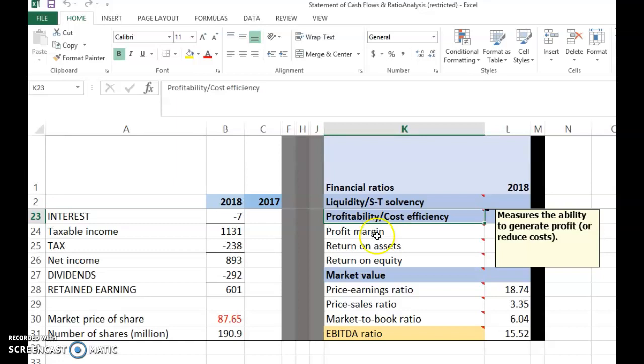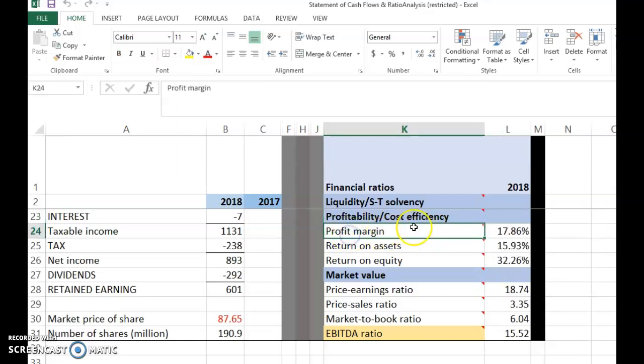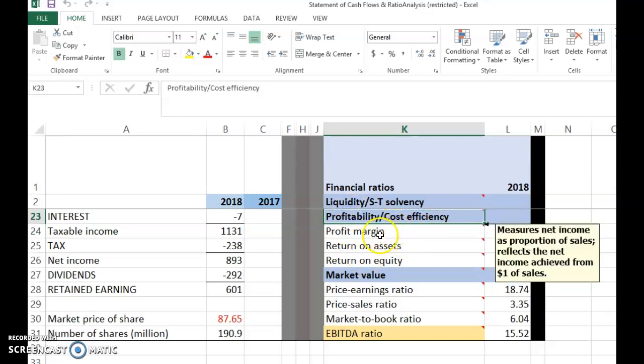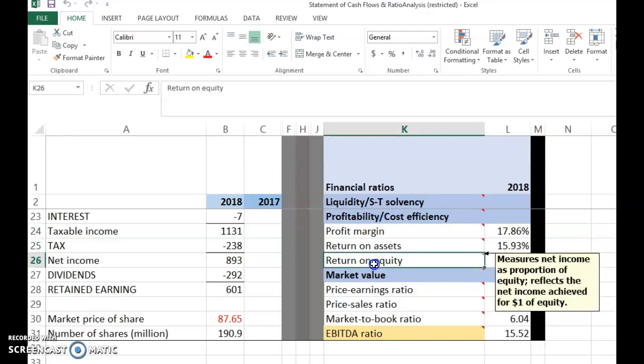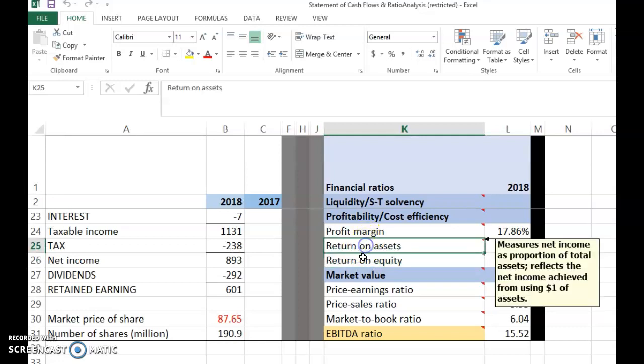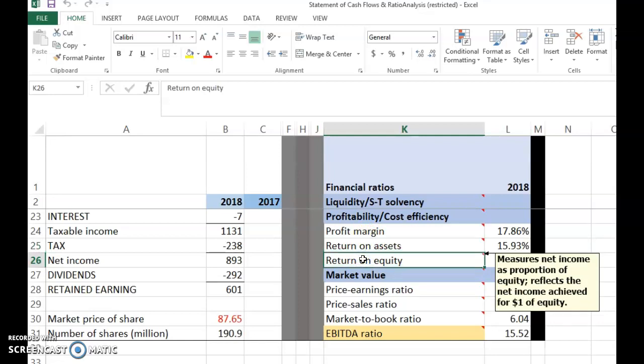Generally speaking, all three ratios we can call profitability ratios, but only the first one we refer to as cost efficiency. Because the other two ratios, even though they are profitability ratios, have other elements apart from cost. It's not only cost efficiency. Cost efficiency is a component in these two, but there are other elements, as you will see later when we look at DuPont analysis.